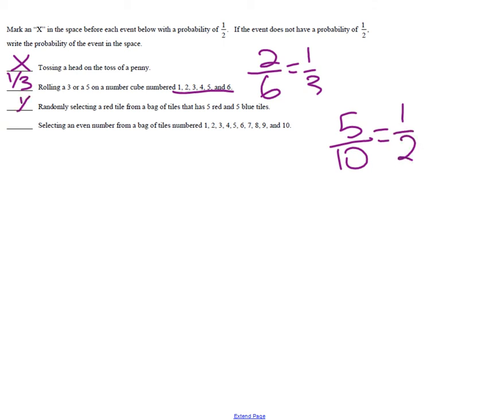So X. Selecting an even number from a bag of tiles numbered 1 through 10. There are 10 possible outcomes. 2, 4, 6, 8, and 10 are even numbers, which means there are 5 favorable, and that still simplifies to 1/2.